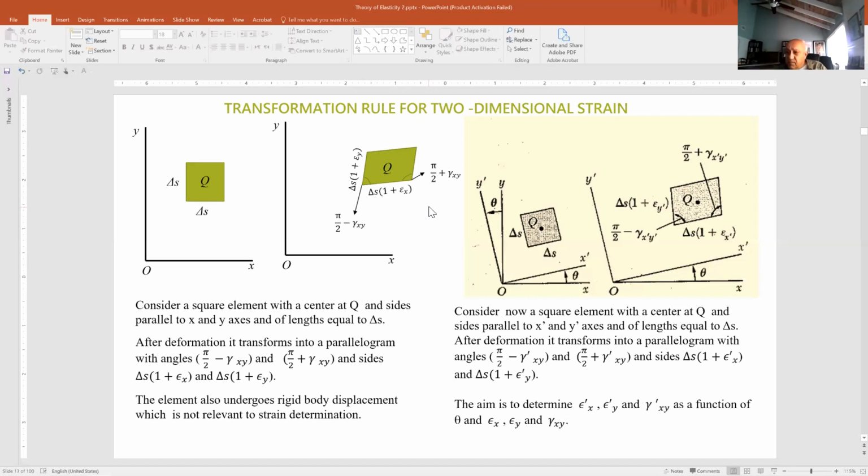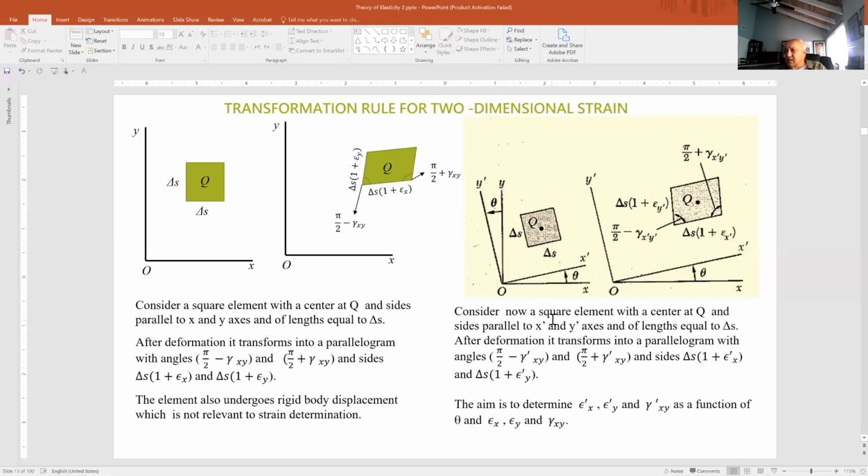But separate from that deformation, the element also goes under some rigid body displacement, which is not relevant to the strain. Rigid body displacement will not cause strain in the system. Now, consider the same element that we introduced before, whose strains were measured with respect to the xy coordinate system.